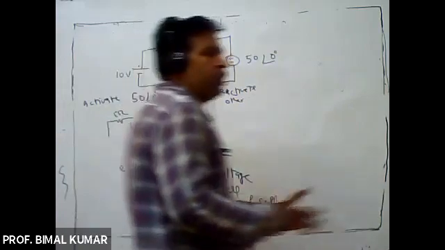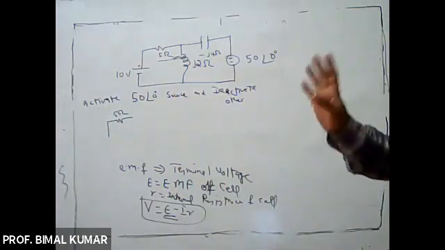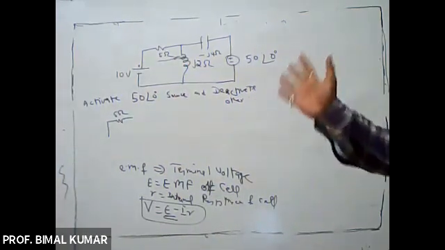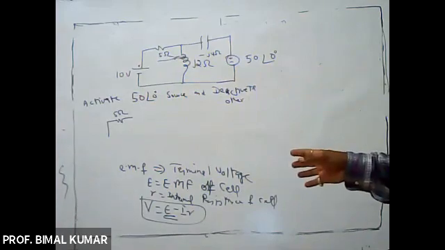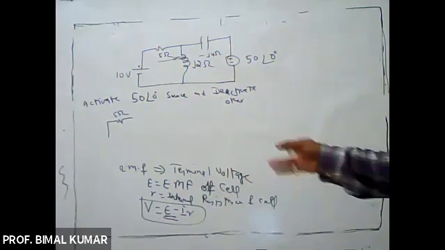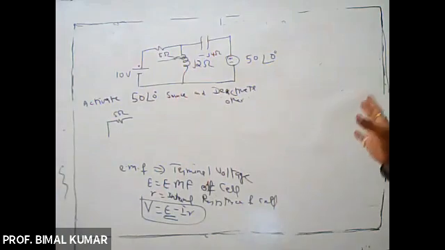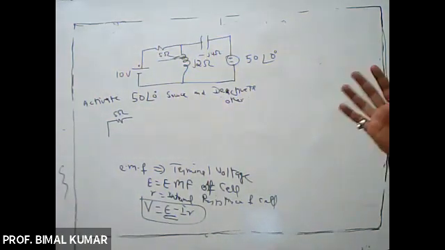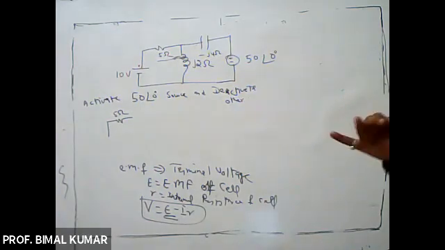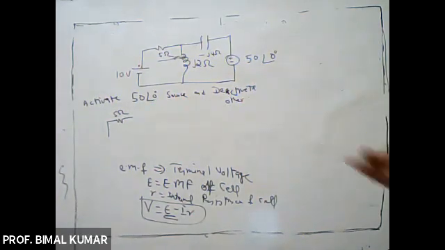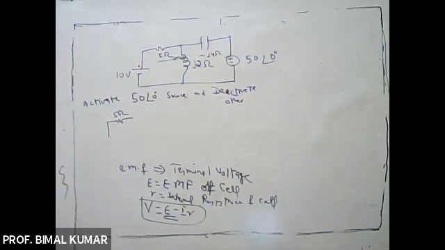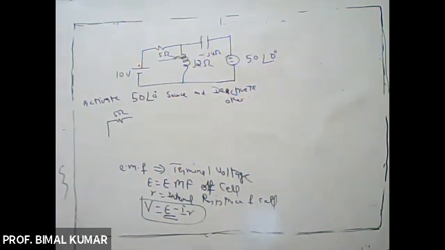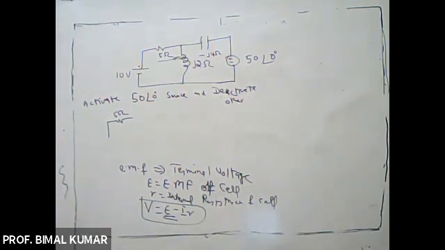Under the ideal condition, we assume that terminal voltage and EMF are equal, because we assume that the internal resistance of the cell is 0.